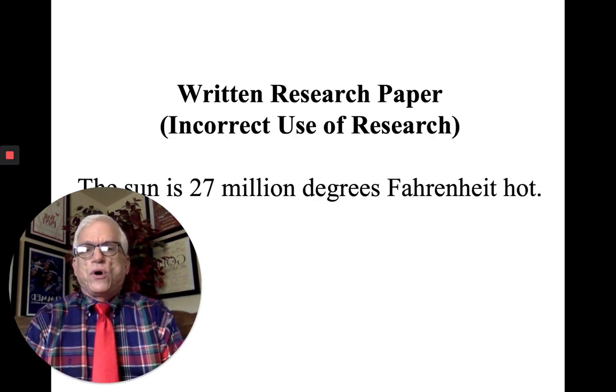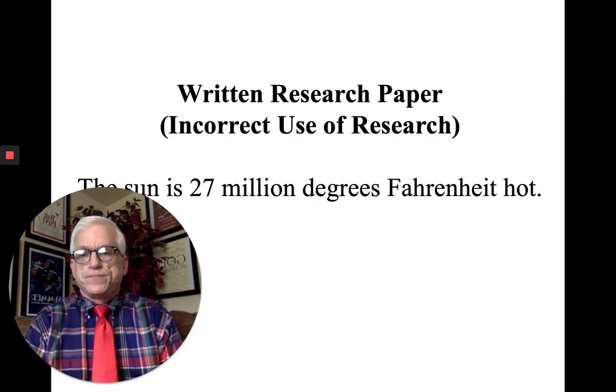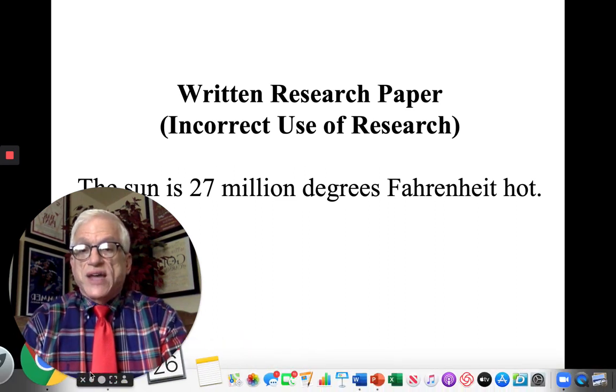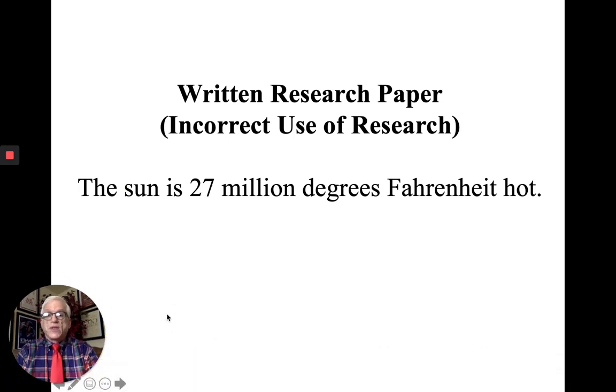For example, if you are writing a research paper for a science class, for example, and you make this statement: the sun is 27 million degrees Fahrenheit hot. And you don't put anything else. You don't put a citation or anything after this statement.